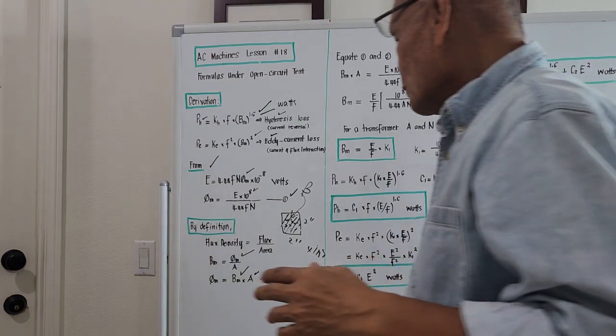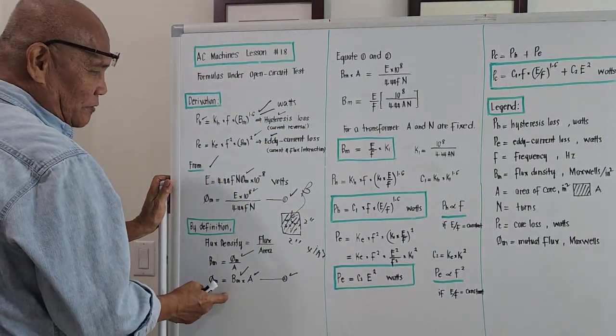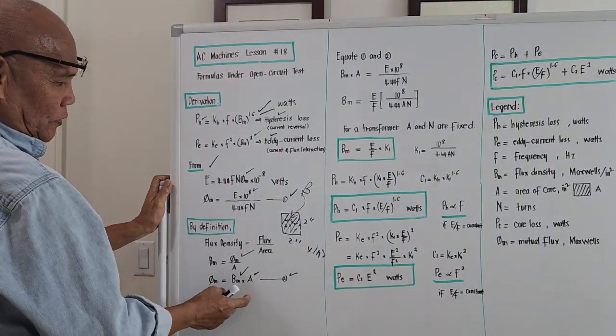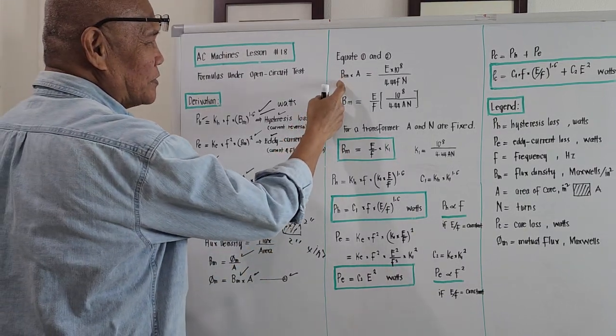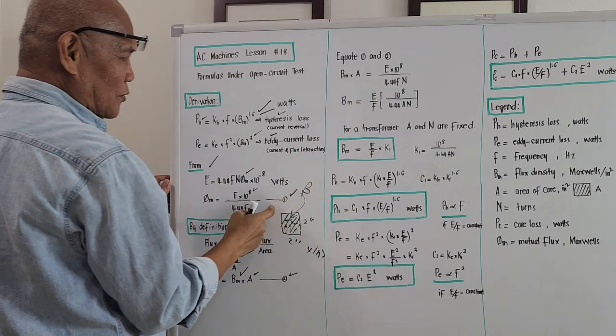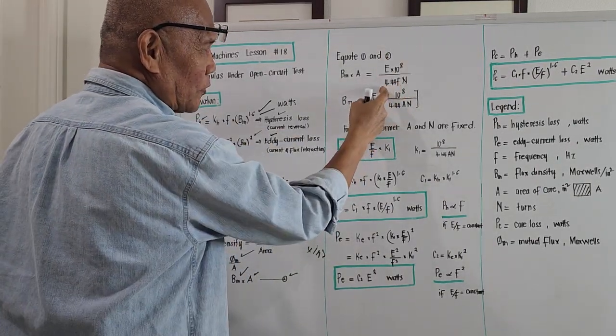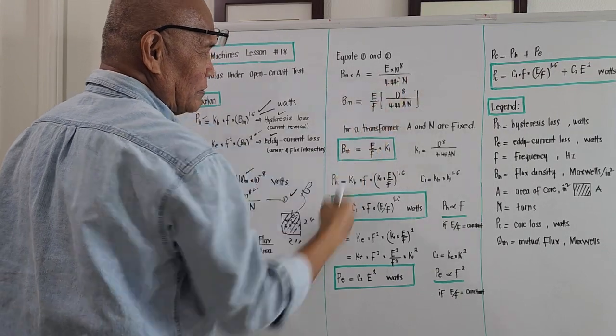The value of flux density using equation number 2 is flux density times area, and using equation number 1 it is E times 10 to the 8 over 4.44 frequency times N.